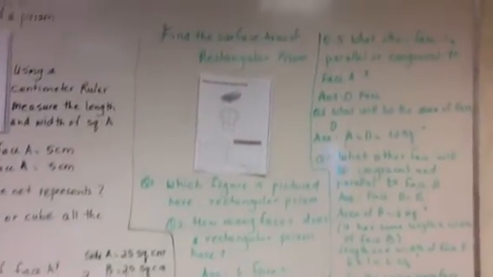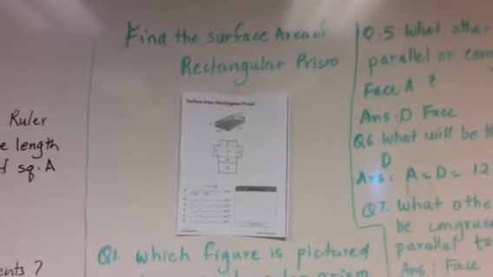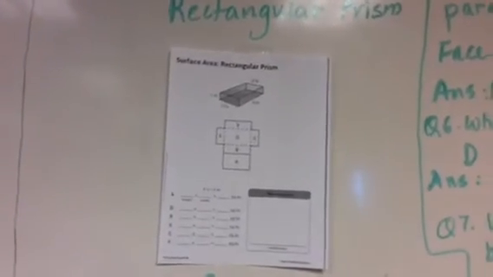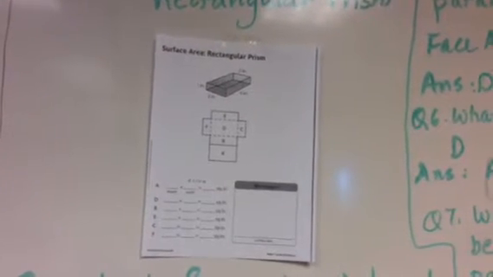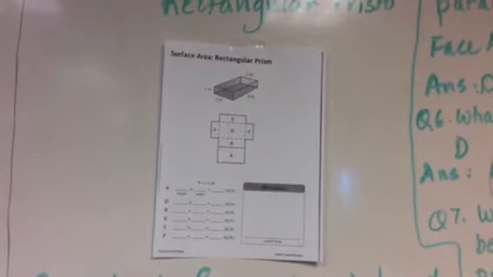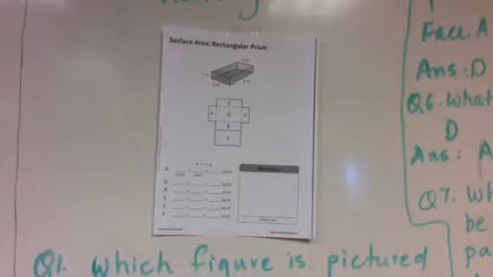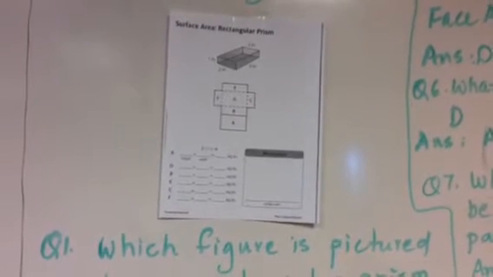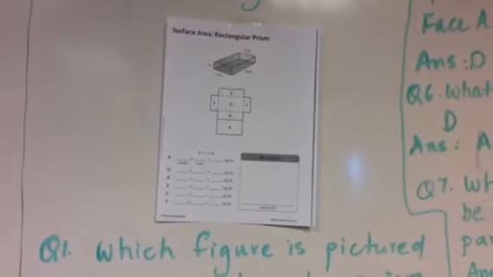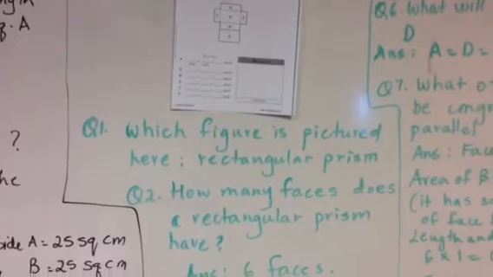Now the next thing we are learning today is to find the surface area of a rectangular prism. This is a paper showing the rectangular prism, and there are measurements given, and you have to use those measurements and look at the net figure. There is a work page for A, how much; B, D, how much; E, how much; C, how much; F, how much. Well, let's go through the instructions.